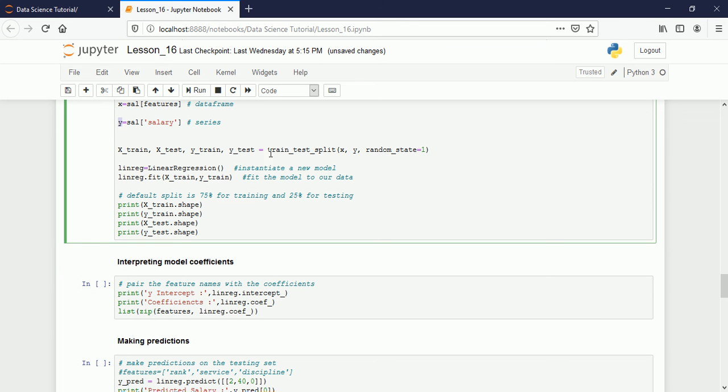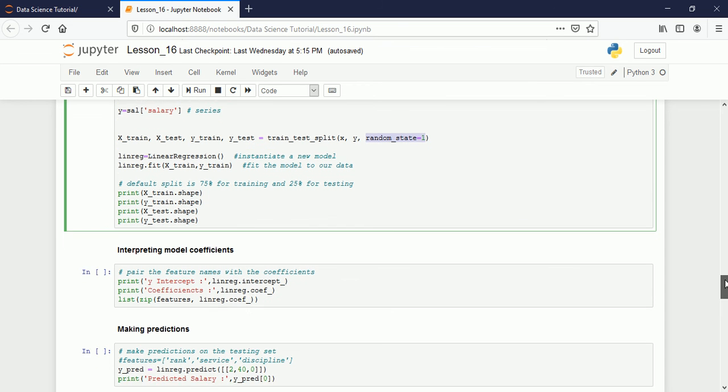So here I'm going to split x and y into 4 parts: x train, x test, y train, and y test. But you have to remember, friends, x values are data frames and y values are series. Randomly it will be selecting the numbers from the data set.